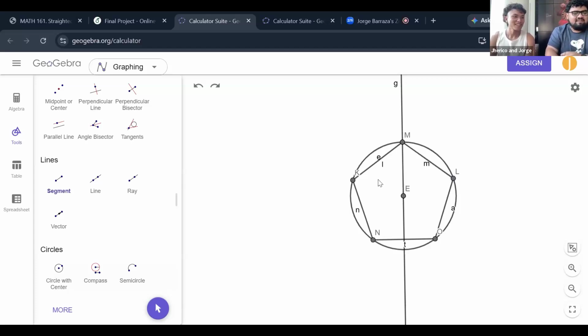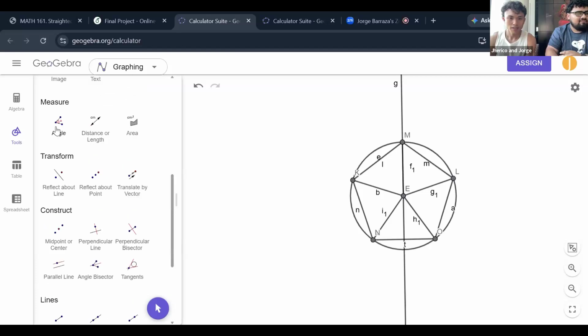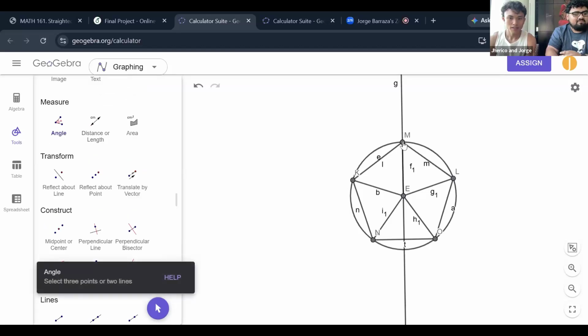So now to find more constructible angles, we can construct these isosceles triangles, one of them being the triangle MKE, another one being the triangle MEL, and so on. As we can see, if we take the angle KEM, we get the angle 72.